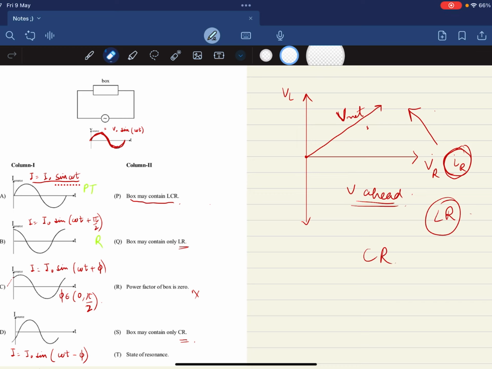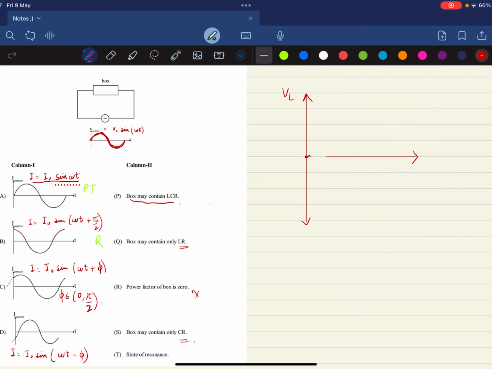I have told you this through negation, but let's also try to prove it. Say VL is 0 and we have just VC, and this is VR and also the IR phasor. This will be our V net, and adding positive, because anti-clockwise is taken positive and clockwise is taken negative.